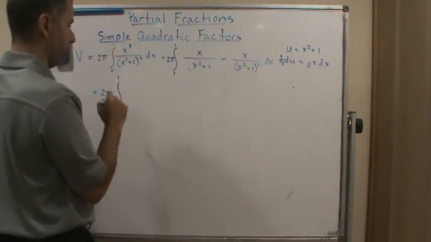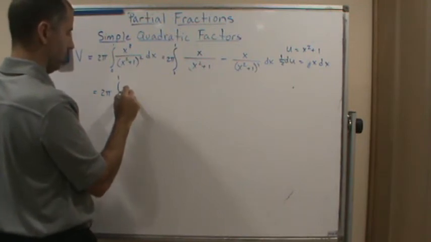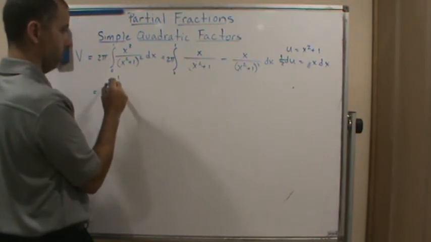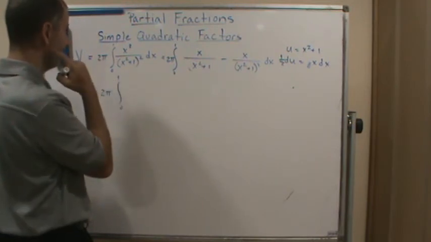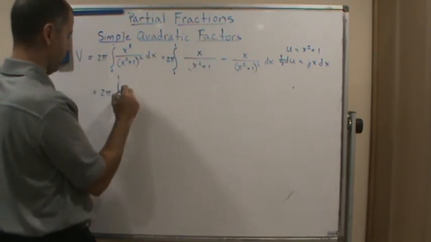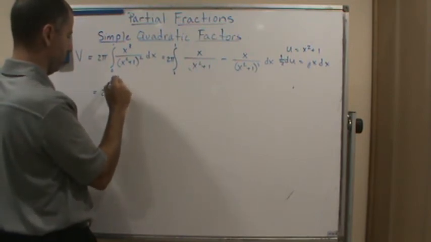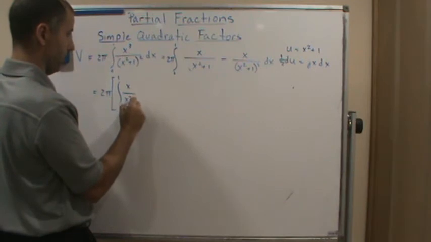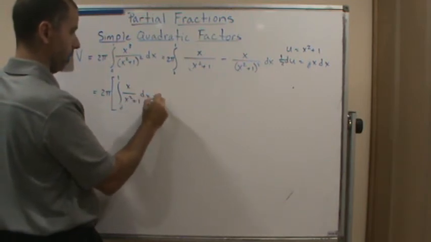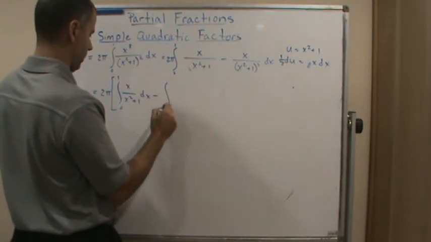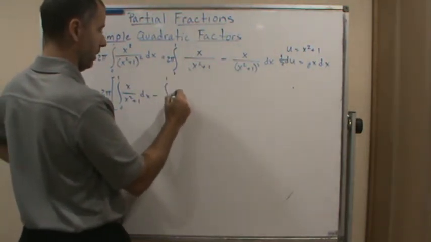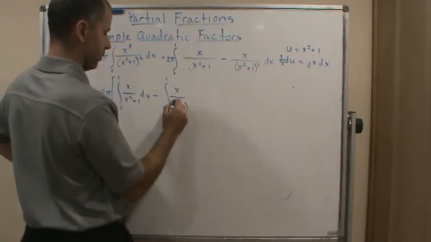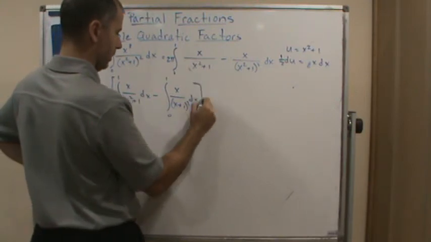So we're going to do this 2 different ways. Yeah, we're going to do it this way, just so we can see it more, minus, and this is going to be 0 to 1, x over (x plus 1) squared dx.